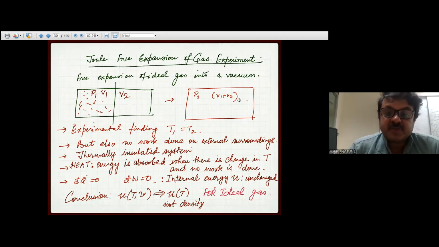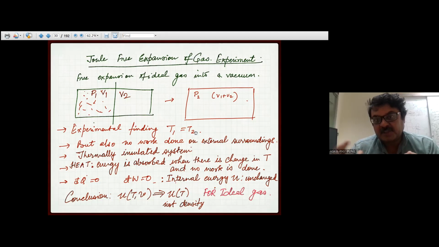But what was observed for an ideal gas, and it's extremely important that it's an ideal gas, that T1 remained equal to T2. So which means that the temperature didn't change, the internal energy didn't change. There was no work done because this side was vacuum.